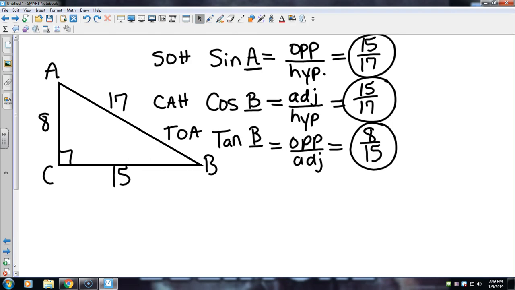Actually, we only need to find out what one of them is, and then we can subtract that from 90 to find out what the other one is. So let's start with A. If I'm going to find sine, again, this is calculator work, and most of these calculators are the same. The Casios might be a little bit different, so we can discuss that in class if we need to. So what I'm going to do is I'm going to take 15.